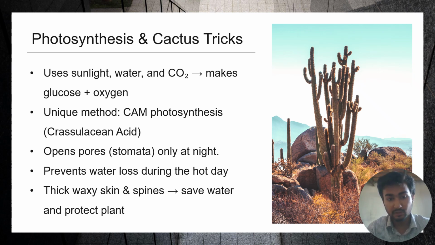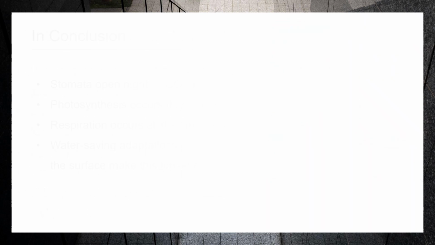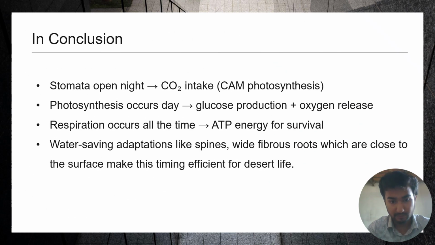Now, in conclusion, stomata open at night in cactuses, unlike other plants where they open 24/7 and take in CO2. Cactus takes in CO2 at night and stores it in the form of an acid, which it uses during the day to do photosynthesis to produce glucose and release oxygen at the same time.